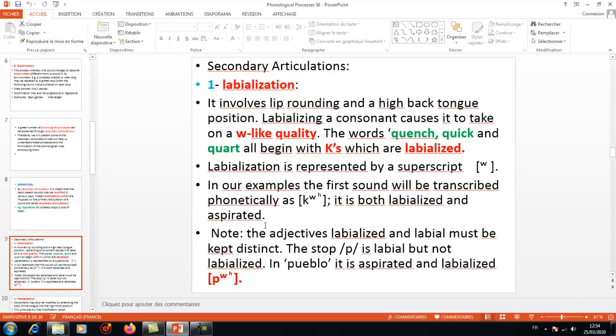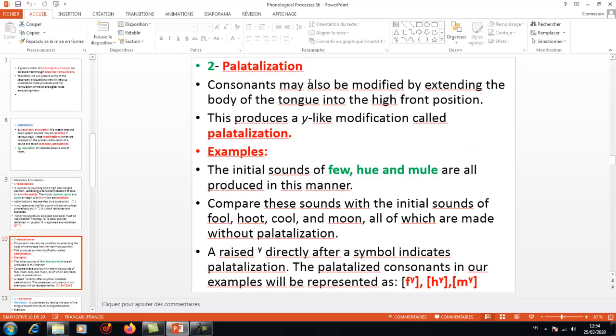Now, note, the adjectives labialized and labial must be kept distinct. The stop is labial but not labialized. But in the word pueblo, it's aspirated and labialized. Look at this transcription here once again. Now, another case of secondary articulation is the one that we call palatalization.